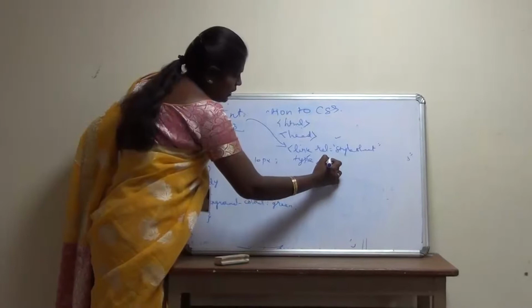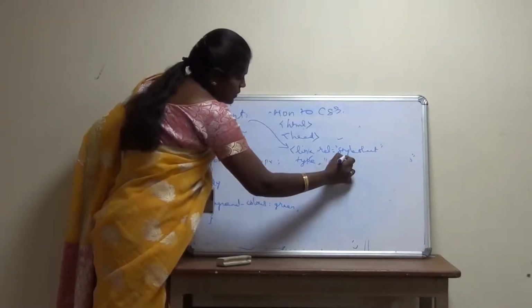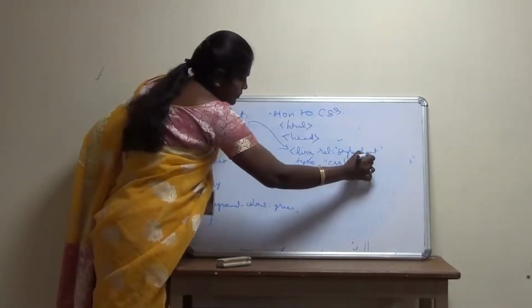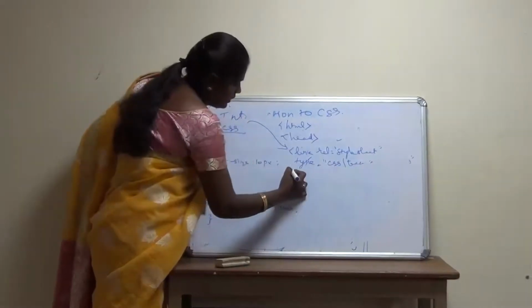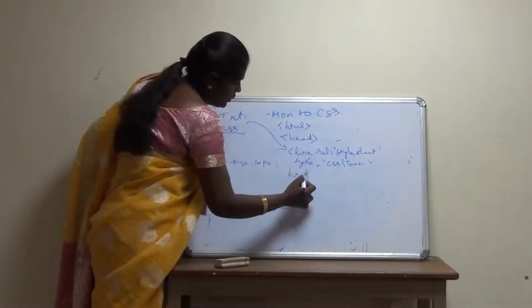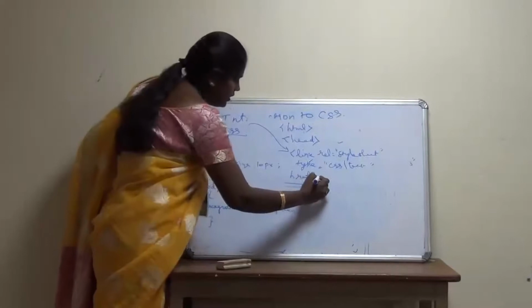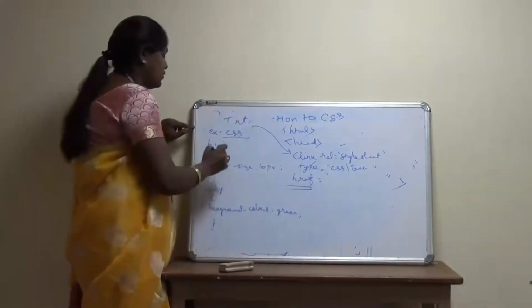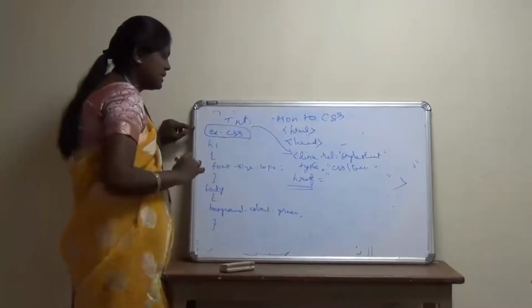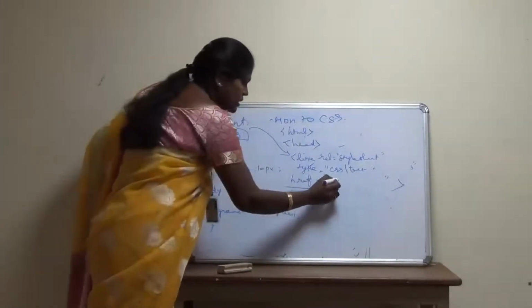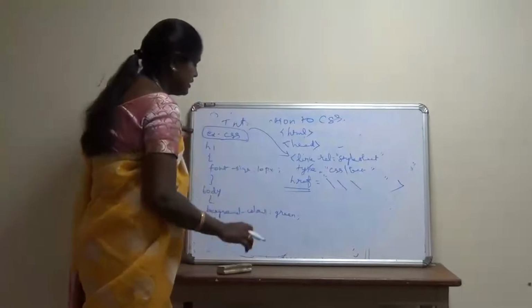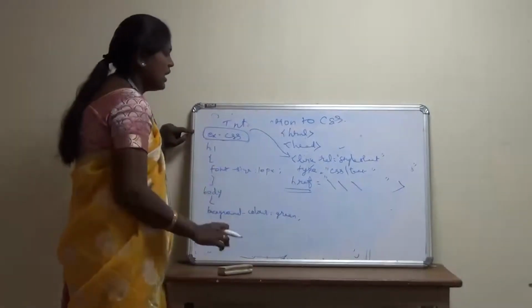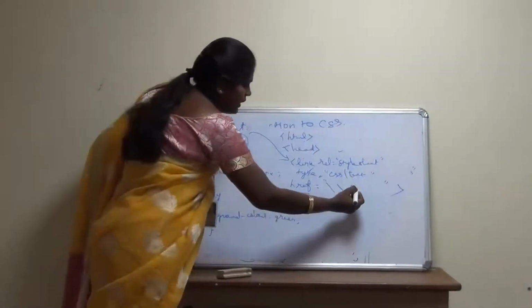If you want, we can add type as CSS or text. The last parameter is href, which is not optional, which is a mandatory one. Here only we are giving the location of our CSS file. So our name of the CSS file is ex.css. Give a location, entire location of your file. Otherwise, simply place your CSS inside the HTML file.